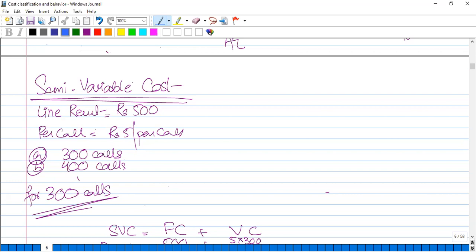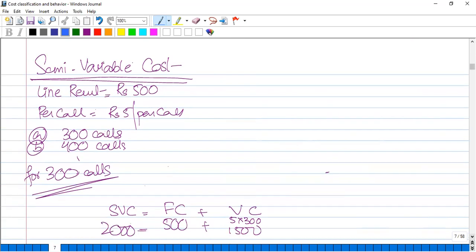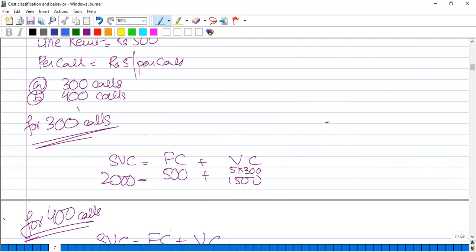Now I am doing the calculation for 300 calls. Semi-variable cost is equal to fixed cost plus variable cost. This is the full formula of semi-variable cost. As you know, fixed cost is 500, the line rent is $500. Now I have to calculate the variable cost. My per call charge is $5, and in situation A, I have done 300 calls.